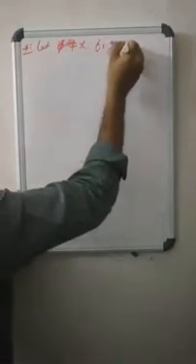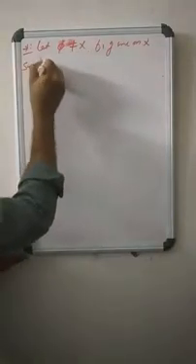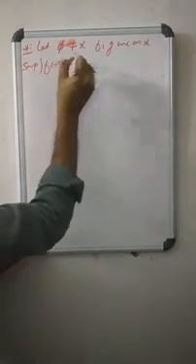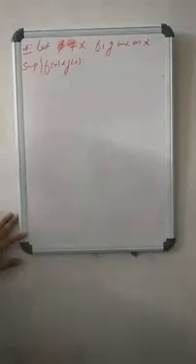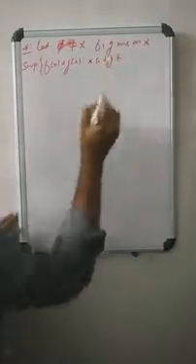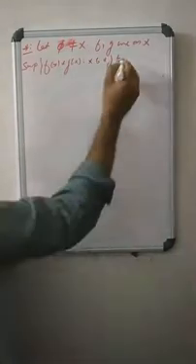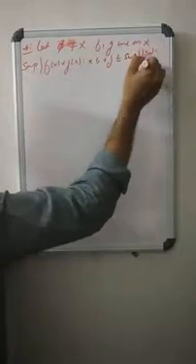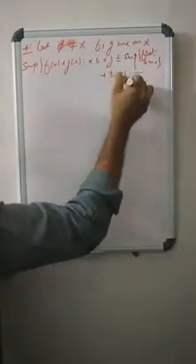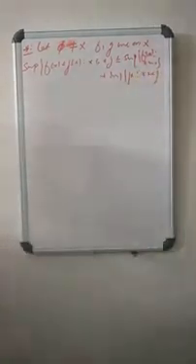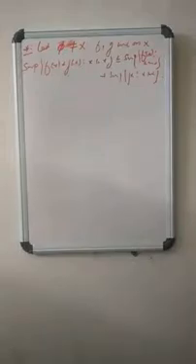F and G are defined on X, whose ranges are bounded in R. Then prove that supremum of f of x plus g of x for all x in X is less than or equals supremum of f of x plus supremum of g of x for all x in X. How?